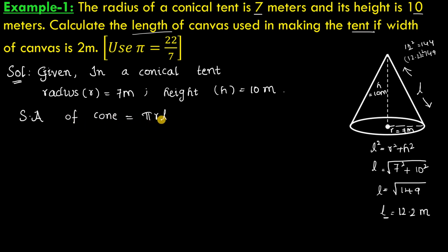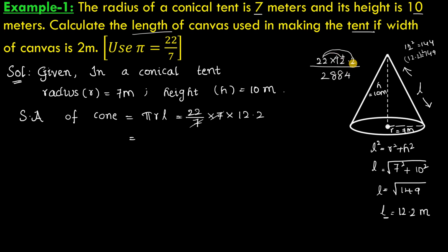Here we know all the formulas. Just now we have found out the L also. I'm writing here 22/7 into radius 7 into slant height 12.2. 7 and 7 get cancelled. 22 into 12.2. 22 twos is 44 and the 4 here, and 22 twos again 44 plus 4 is 48, 4 here, and 22 ones 22 plus 4 is 26.